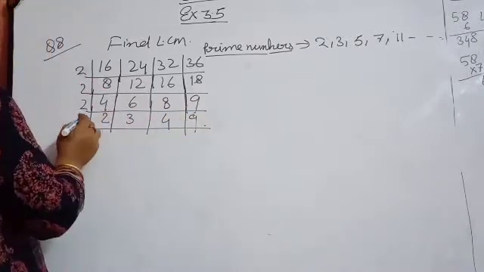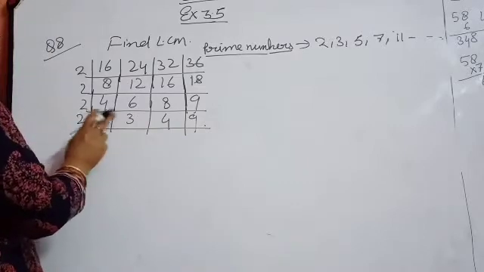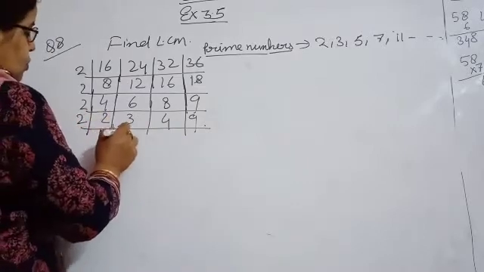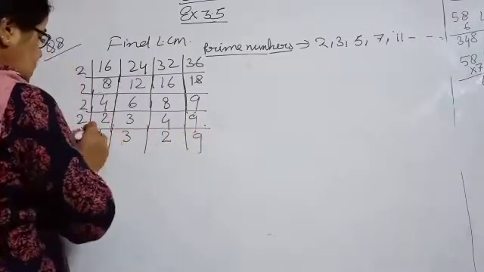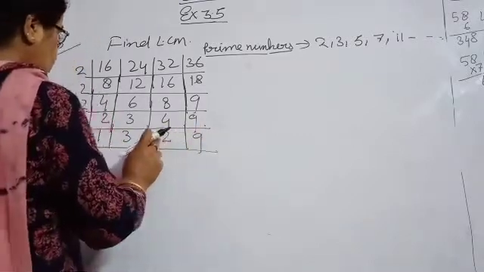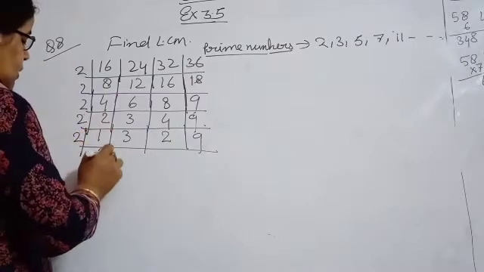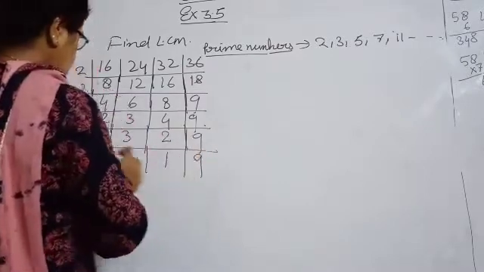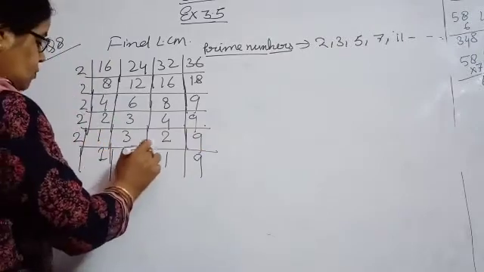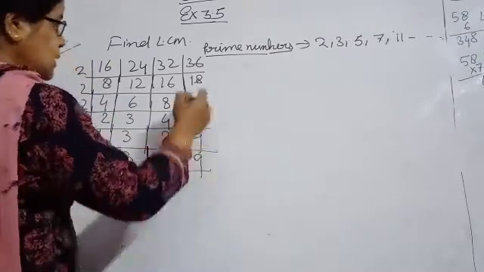You should also remember the divisibility tests so that you can do the division fast. 2 ones are 2, 2 threes are 6. Further by 2, because one more time we can divide by 2: 2 ones are 2. Now, further division by 2 is not possible, so which is the next number?